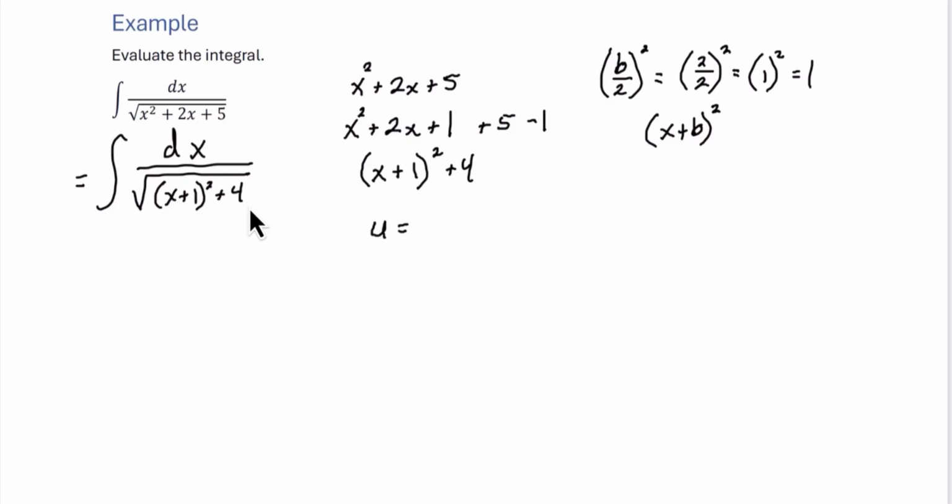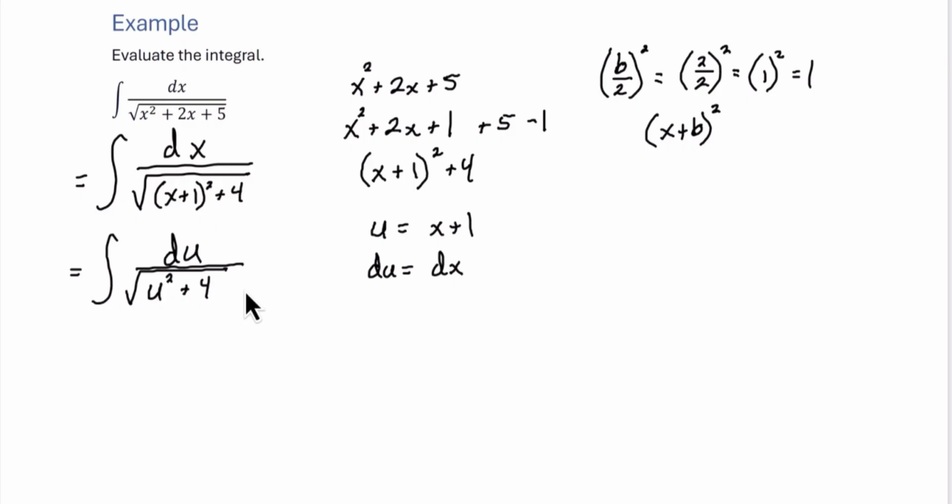U will let be x plus 1. Then du is equal to dx. Rewriting the original integral, we have du now divided by, x plus 1 is now u, u squared plus 4. All of that is still under the radical.